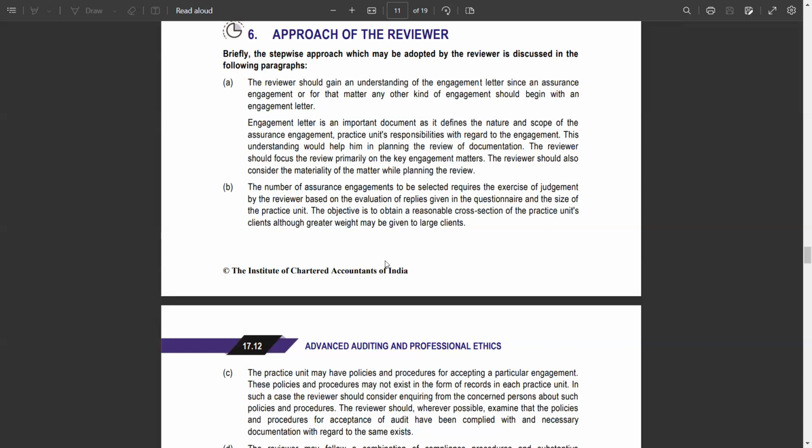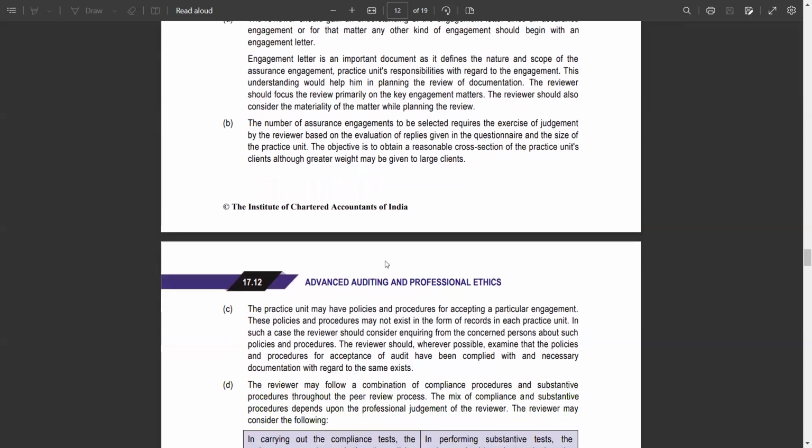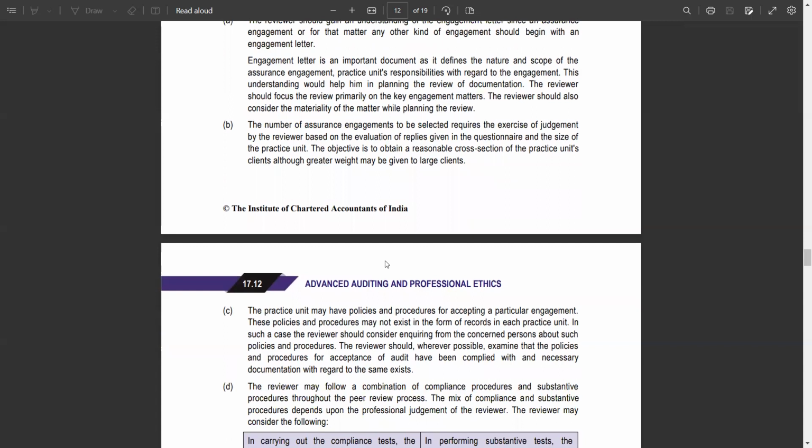You will identify whether the policies and procedures for accepting a particular engagement are in place and correct, as per SA 220 or SQC 1. If yes, move forward, and there you will improve quality by suggesting some measures. You have to check compliance with such policies and procedures.